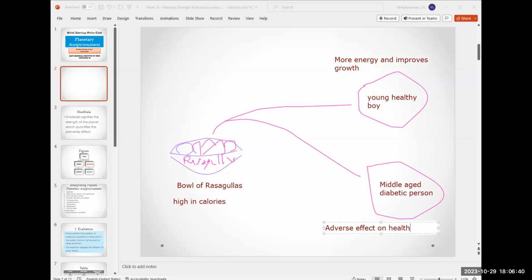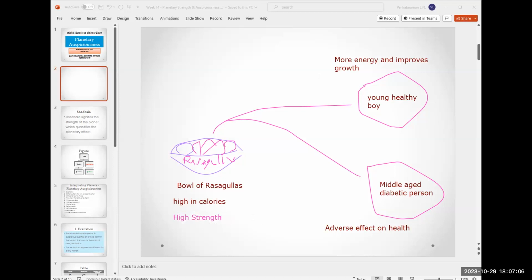Now, what did we see in this case? It was high in strength, right? It is promoting here and here. Yes, exactly. High strength doesn't mean that it's going to be auspicious.